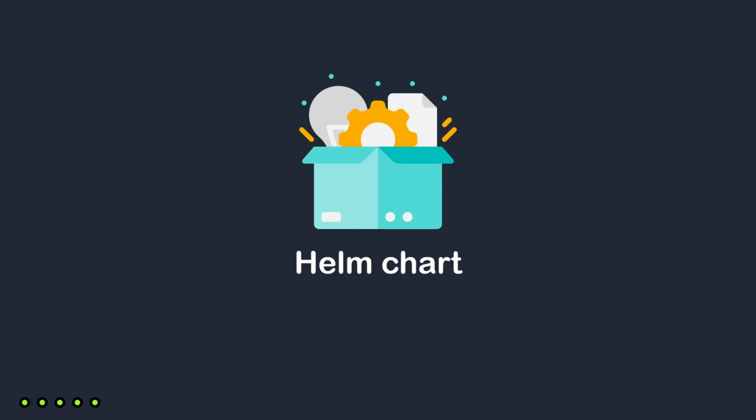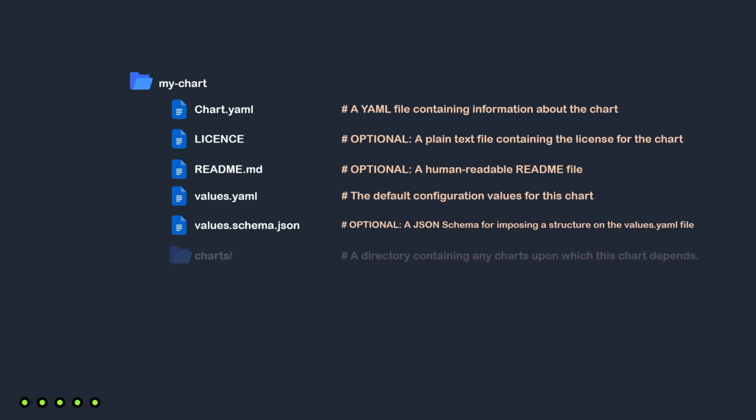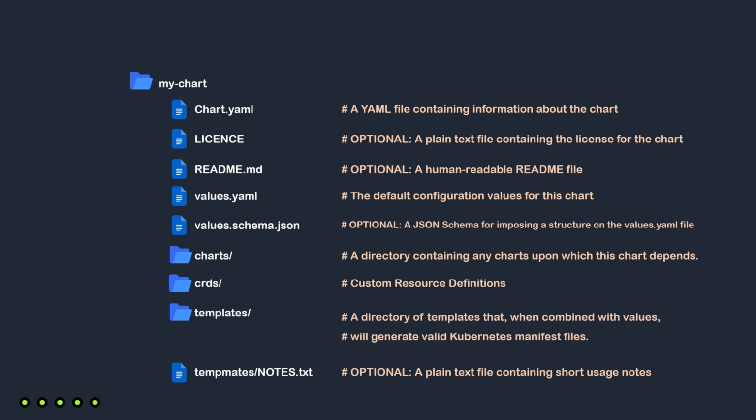A Helm chart is a collection of files that defines the structure and the configuration of a set of Kubernetes objects that are part of the same application. With Helm, deploying application having hundreds or thousands of Kubernetes objects is as easy as executing the Helm install command.